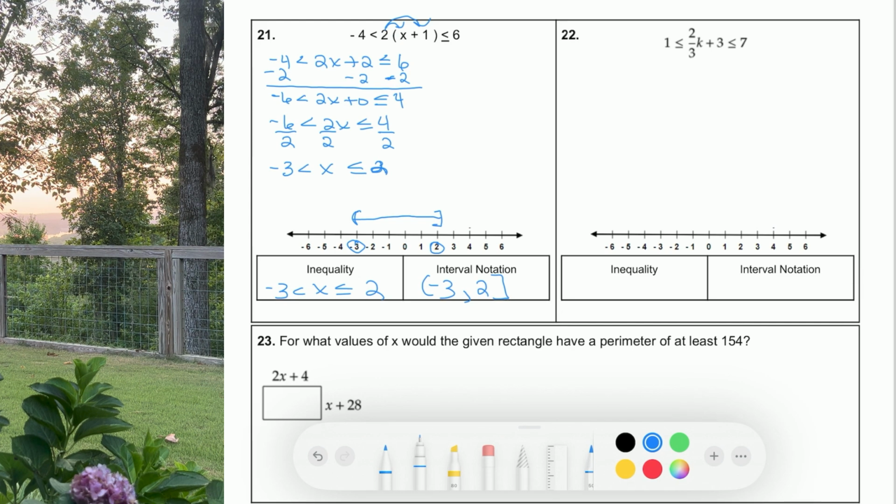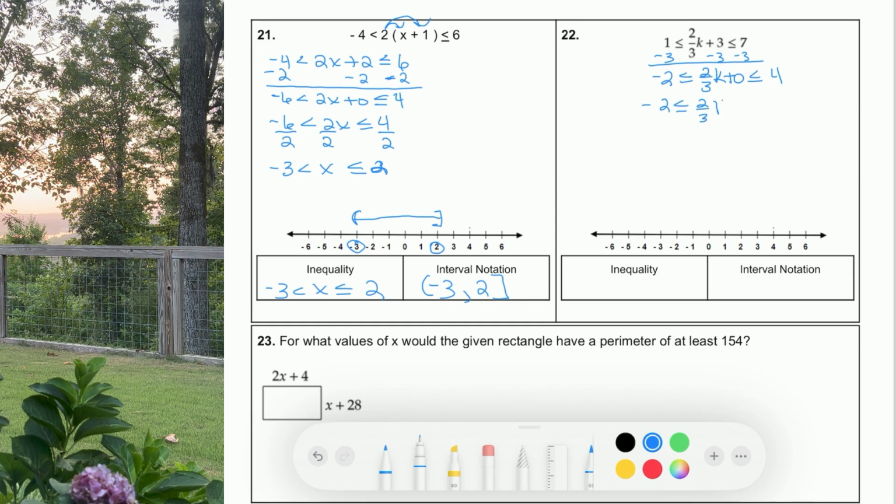Number 22. 1 is less than or equal to 2/3 k plus 3, which is less than or equal to 7. The first thing I want to do is subtract 3 from both sides, or all three areas actually. 1 minus 3 is negative 2, which is less than or equal to 2/3 k plus 0, less than or equal to 4.